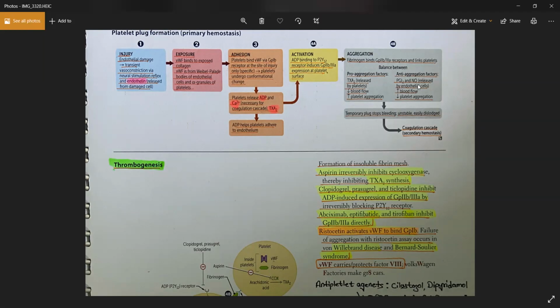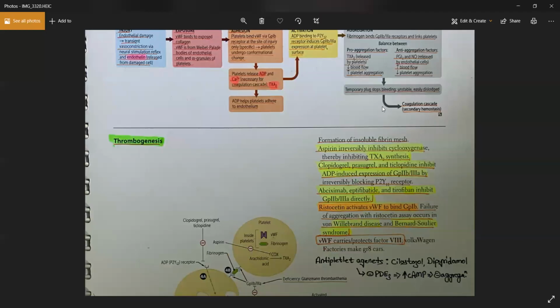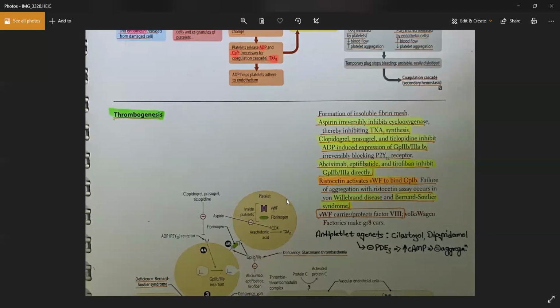The nitric oxide, which causes vasodilation also, right? And the increase in blood flow, and the decrease in platelet aggregation, right? Very important. So now this plug is known as the weak platelet plug. The weak platelet plug contains the fibrinogen.